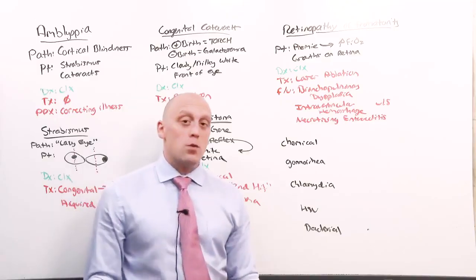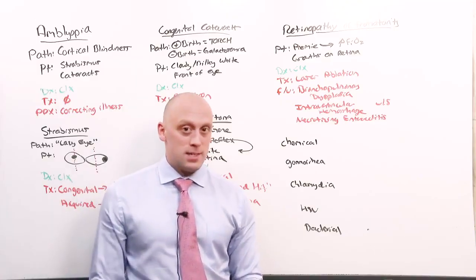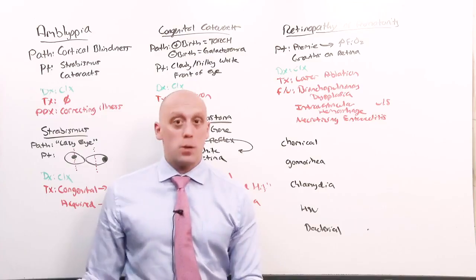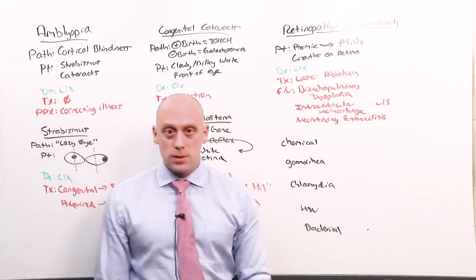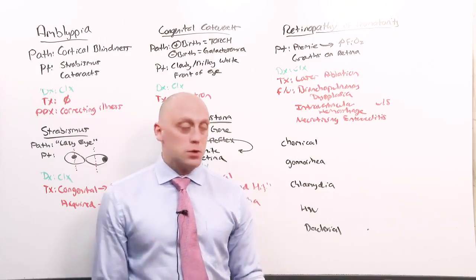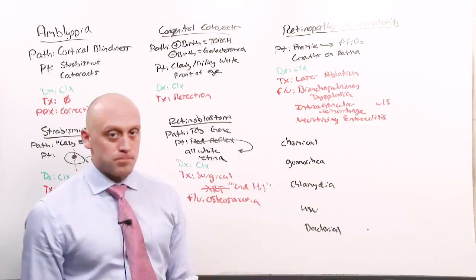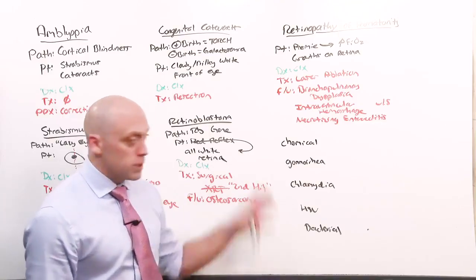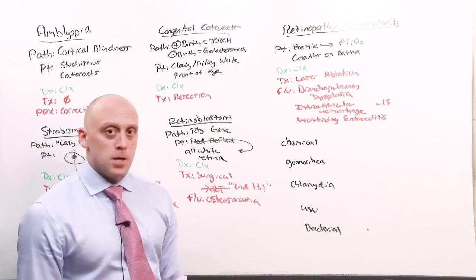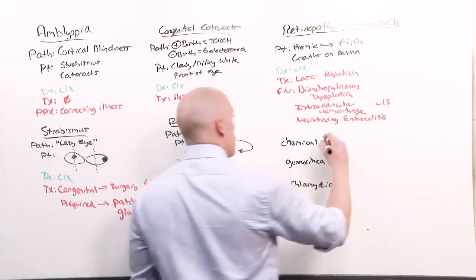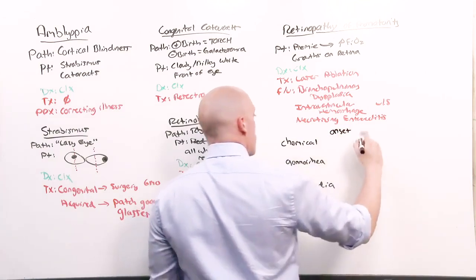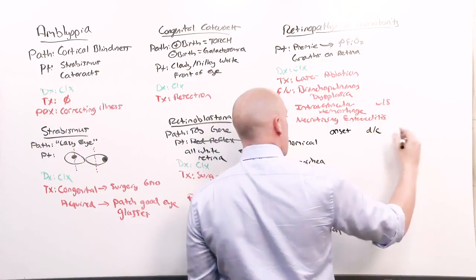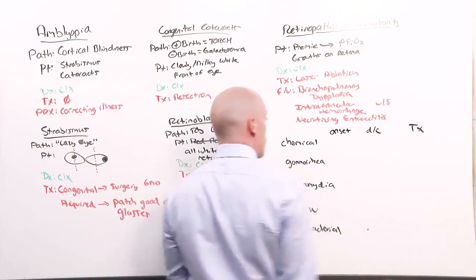Now, ideally, we would know that mom has these STDs, they've gotten screened, and we just treat her before baby comes out. But if we didn't, on baby's way out, it can be exposed to these STDs. Good news is that they are treatable with antibiotics. And we want to compare these in relation to their timing, that is the onset, what type of discharge they have, and what you can do about it in the way of treatment.